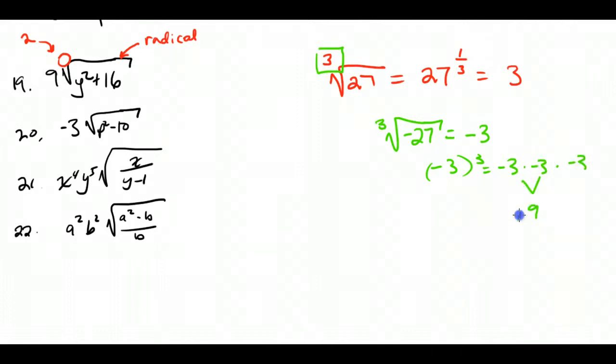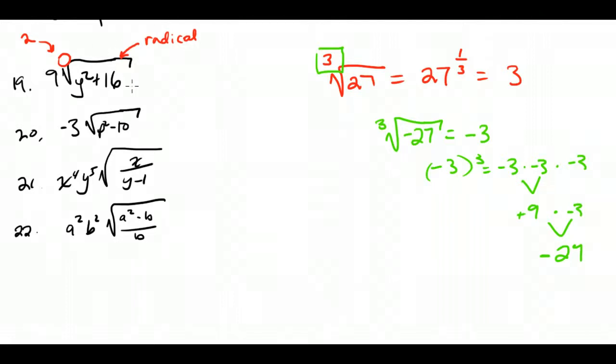That would be a positive 9 times a negative 3, and a positive times a negative is a negative. 9 times 3 is 27. So when it comes to odd roots, cubed roots, fifth roots, and upwards, we can have negative numbers under the radicals. With even roots, like our second root or our square, we cannot have negative numbers under the radicals. The answer is not real.